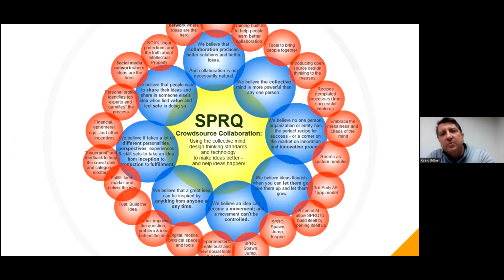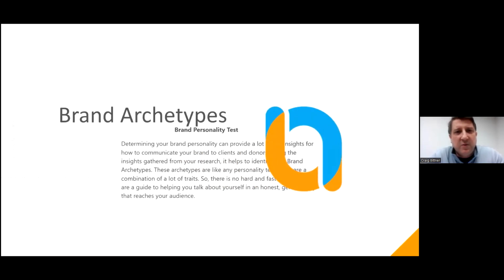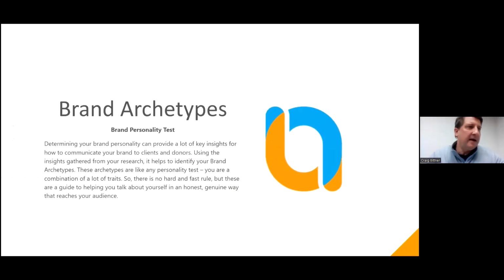And then for each of those blue circles, we started to brainstorm, what are ways we can make that more true? That's what those red circles are. So that's just a way that we start to take this exercise and build out not just the messaging, which is the yellow circle, but some of the actionable things we can do with those purpose and belief statements. The ideas really start to come across when you build that out.